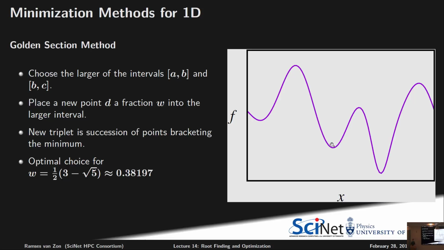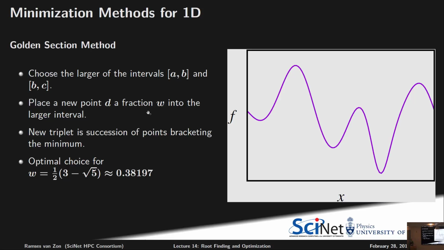So here's the idea. We have 2 intervals, essentially from A to B and from B to C, and we want to find a new point in either one of those 2 subintervals, new point D, and it shouldn't coincide with B, it should be somewhere in between, and we'll try and see if we can push these boundaries closer together.